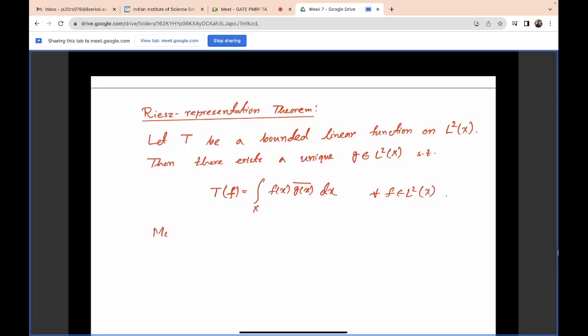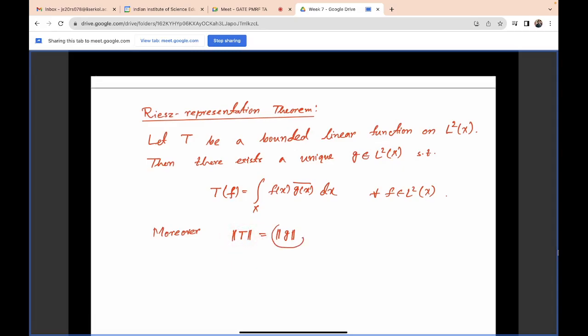And moreover, the norm of this functional will be equal to the norm of this function g. On the left hand side, this is the operator norm, the functional norm.